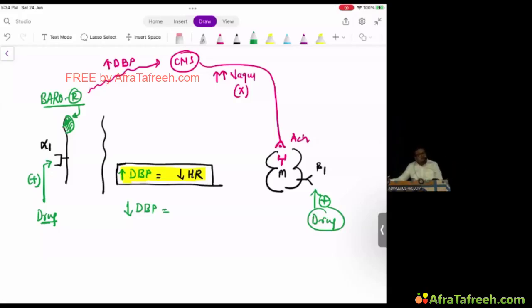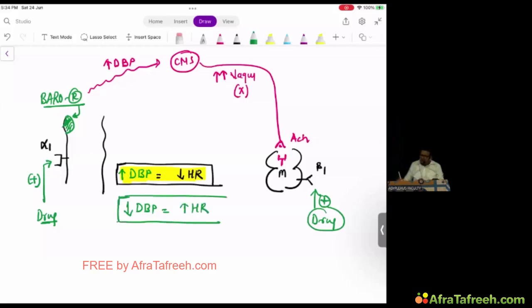Heart rate will rise. So whatever happens to diastolic BP, the reverse happens to heart rate by which reflex?